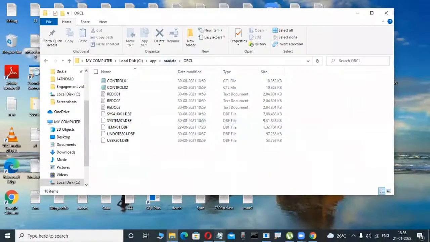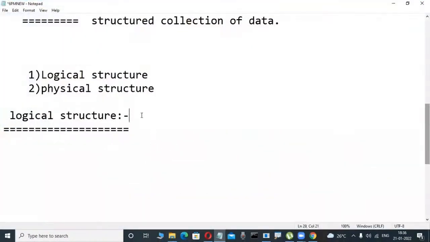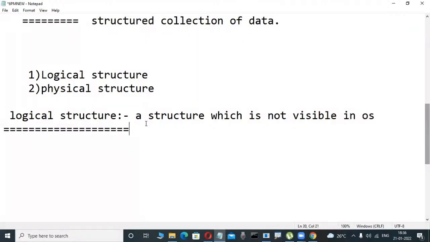So what is a logical structure? A database structure which is not visible in the operating system, in the OS, is called the logical structure of the database.